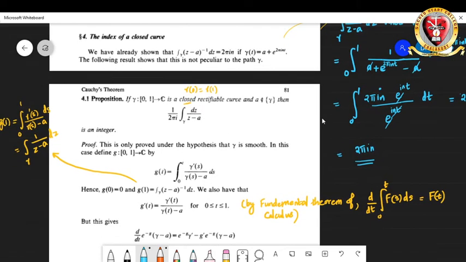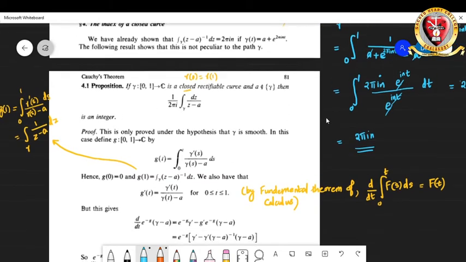Here, instead of that gamma, we have a closed rectifiable curve, and we are taking a point a which is not on gamma. Then 1 by 2 pi i times the integral over gamma of dz divided by z minus a will be an integer. This is what we have to prove.